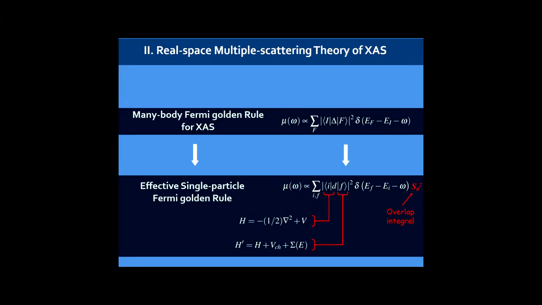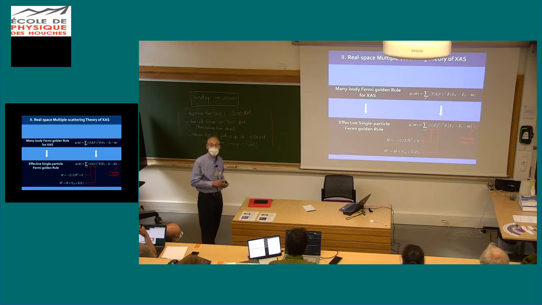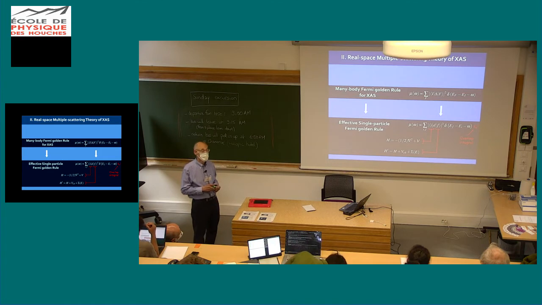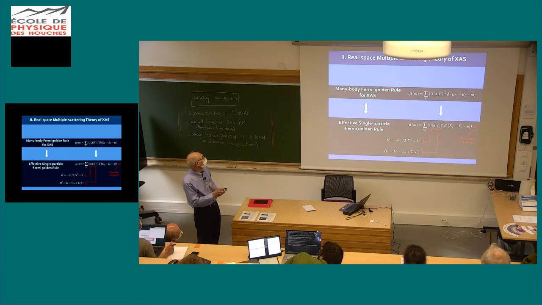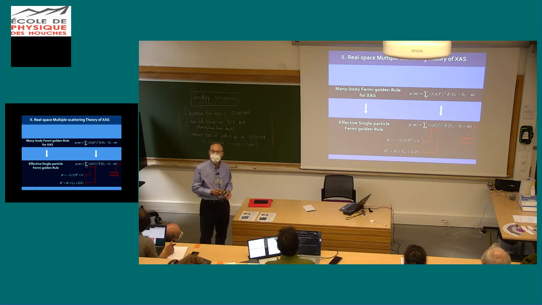Okay, so just very briefly, I'm going to go through a bunch of slides. You've really seen this before. So it's a recap. How do we get to this equation? Well, we start with the many-body Fermi golden rule. And these are then initial and final N-body states, N being 10 to the 23rd.